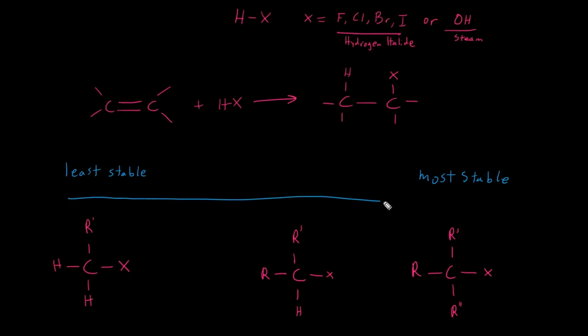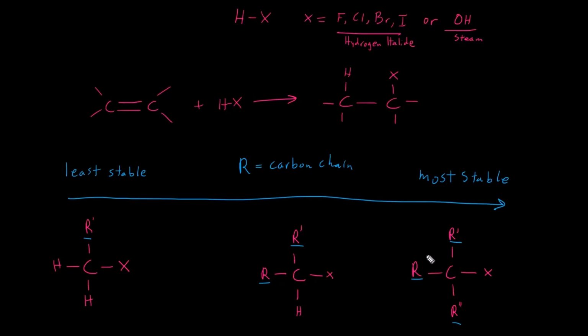So the more carbon chains, and remember, R is a carbon chain, the more carbon chains there are on the carbon that X is attached to, either the halogen or the OH, the more stable that compound is.